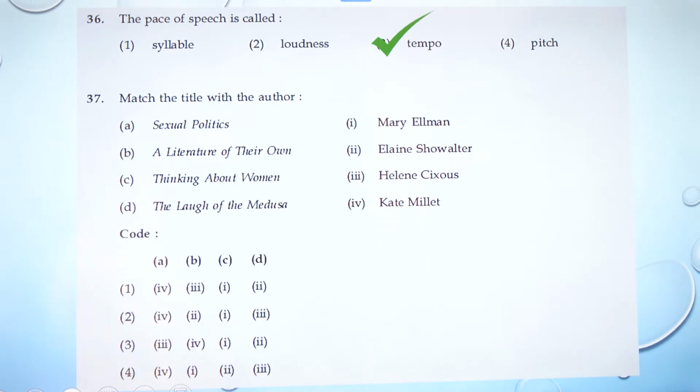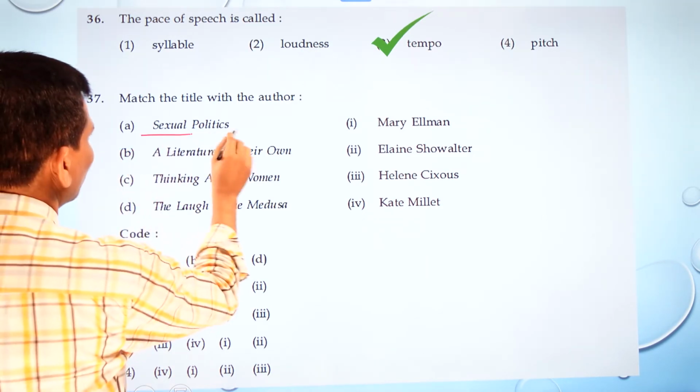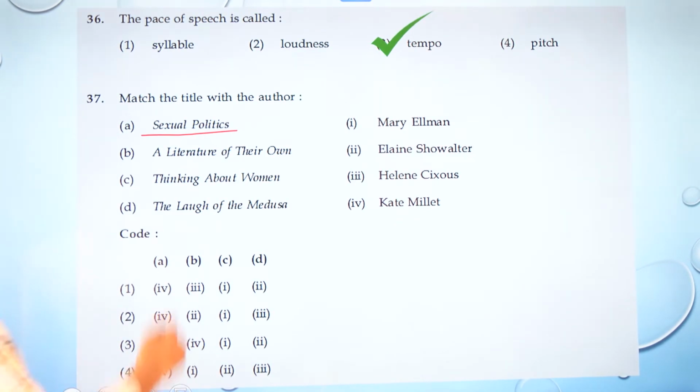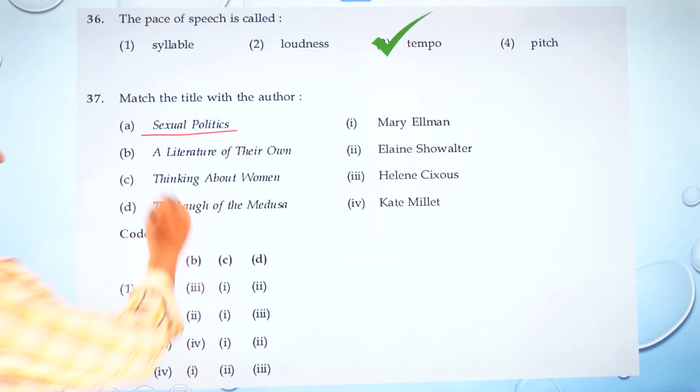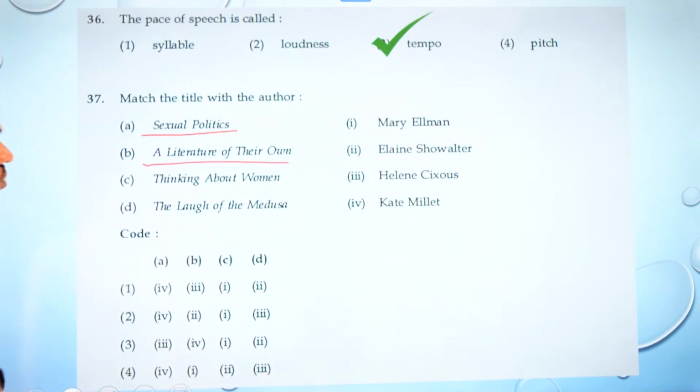And here you see that we have Sexual Politics. You can understand these works and their authors, who wrote Sexual Politics and A Literature of Their Own. So you can find the correct option. If you know 2 options at least, you can solve this question.